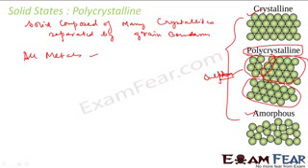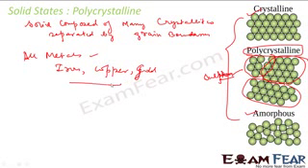Single crystals are rare. Single crystals are like gems or silicon or diamonds, quartz. But generally, metals like iron, copper, gold are polycrystalline.